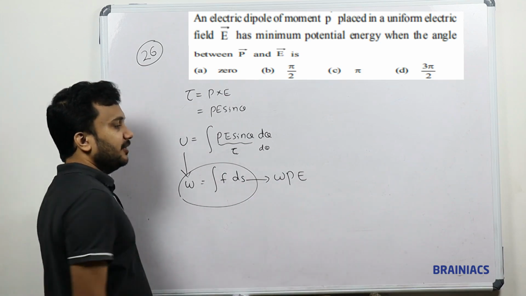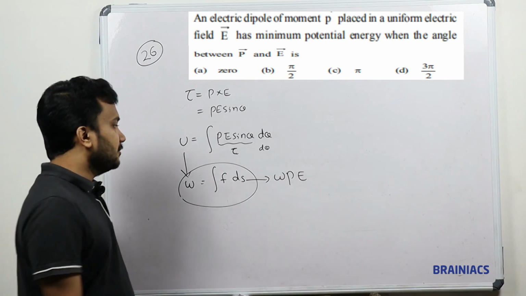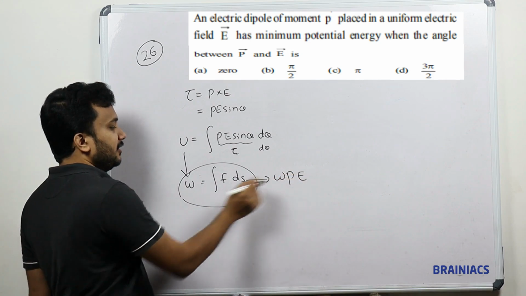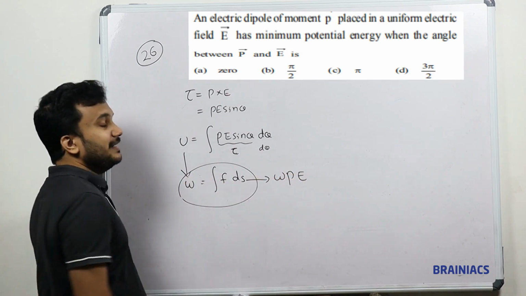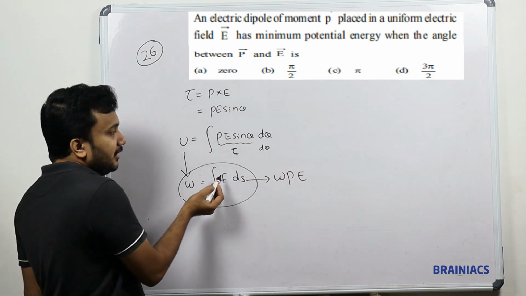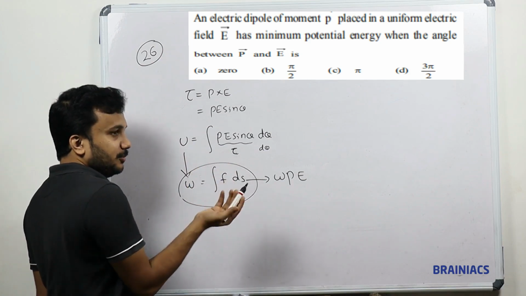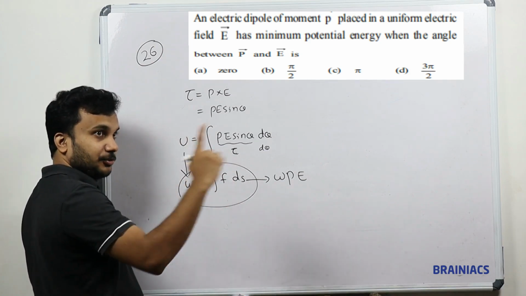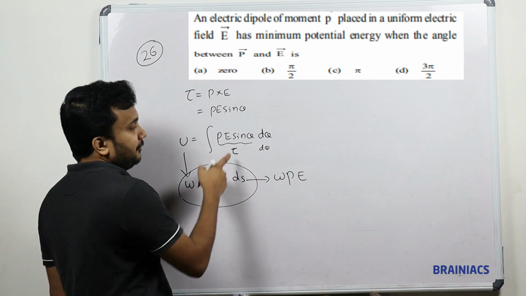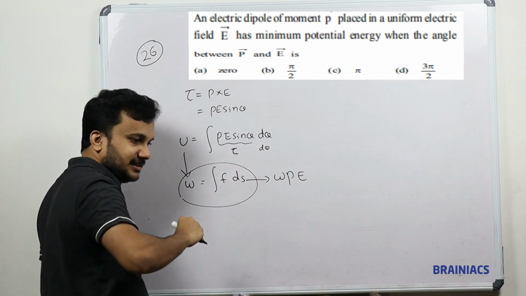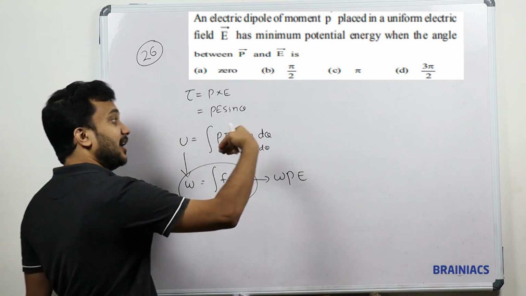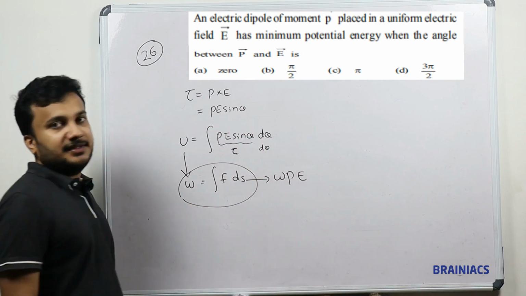Work is equal to integral F ds. In case of rotational motion, instead of F we have torque, and ds is a linear displacement, while here it is angular displacement, so it is d theta.